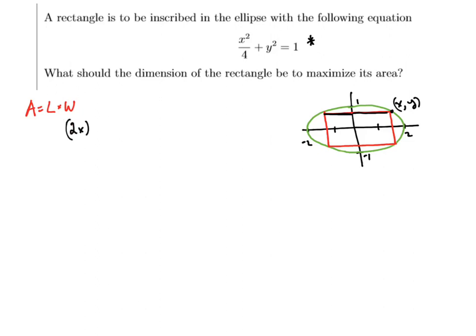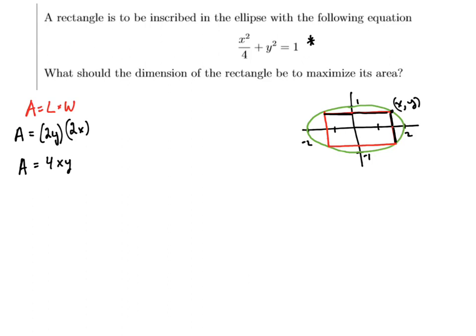And similarly, the height is going to be y and then another y. So 2y will be the height, or I guess I'm calling this the length. Doesn't really matter. Okay, so the area equation we have is 4 times x, y. So that's the equation we're ultimately going to be trying to maximize.